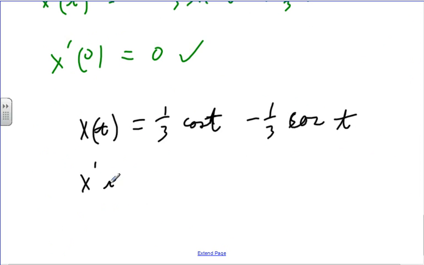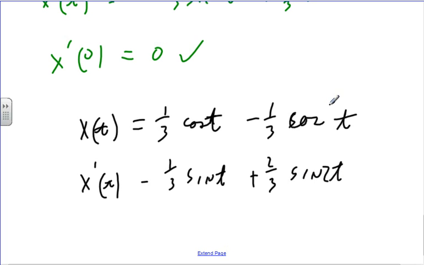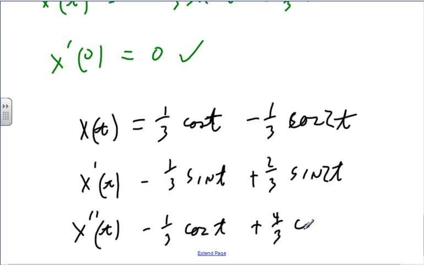X prime of t is minus 1/3 sine t plus 2/3 sine 2t. X double prime is minus 1/3 cosine t plus 4/3 cosine 2t.